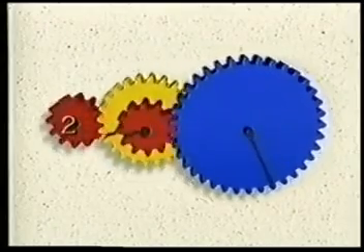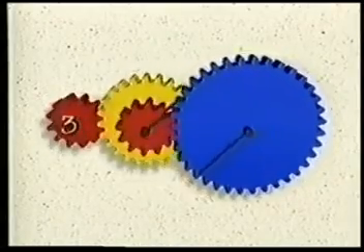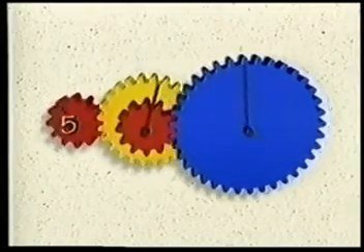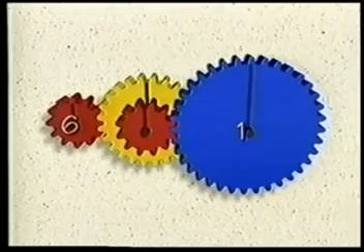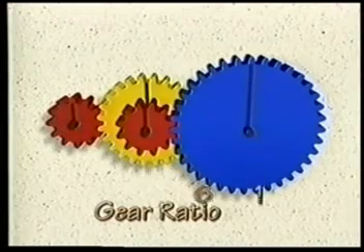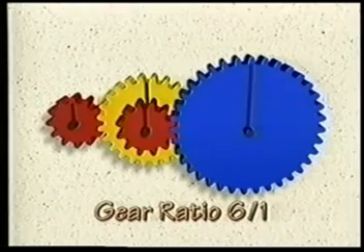Whether you use the mathematical formula of multiplying the ratios of the individual gear pairs or count the revolutions of the first and last gears in the train, the overall gear ratio always comes out the same. The overall gear ratio of this gear train is 6 to 1.